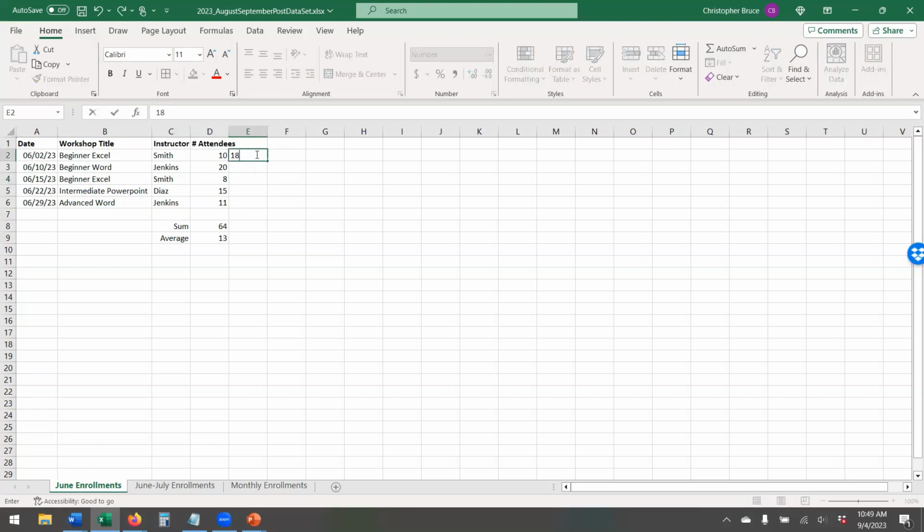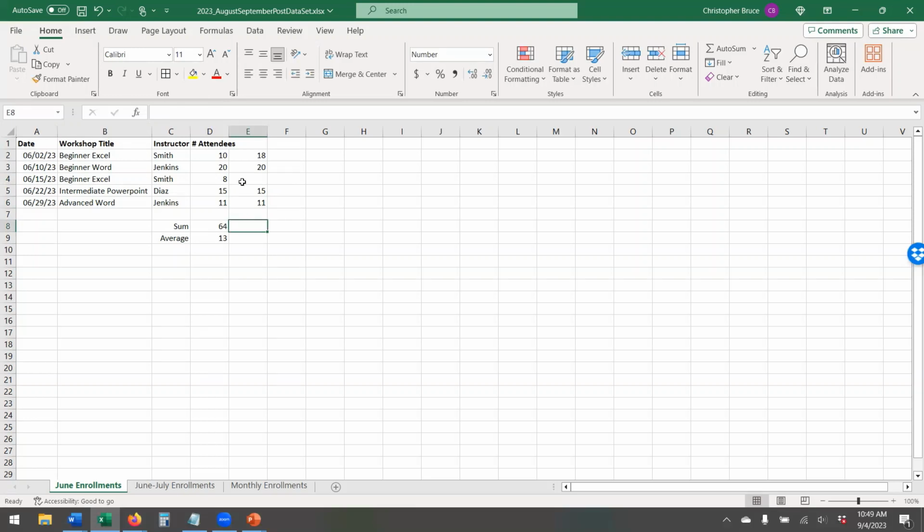It would be just as accurate to add those 2 beginner Excel classes together and say we had 18 people receive beginner Excel instruction this month. That is a true statement. 18 people were enrolled in beginner Excel, 20 people were enrolled in Word, 15 in PowerPoint, and 11 in Advanced Word.